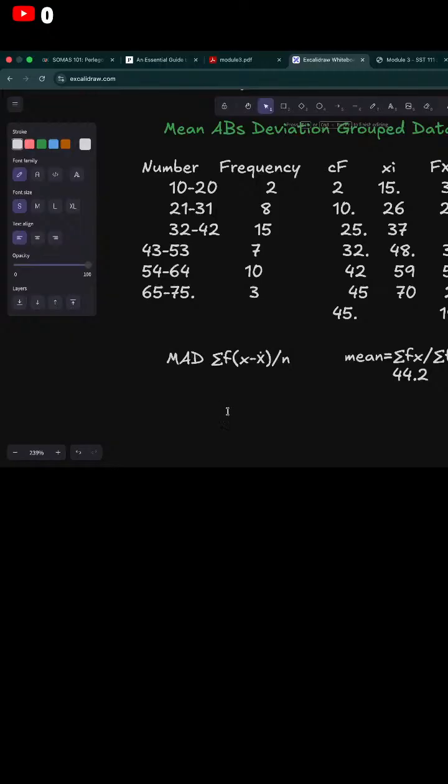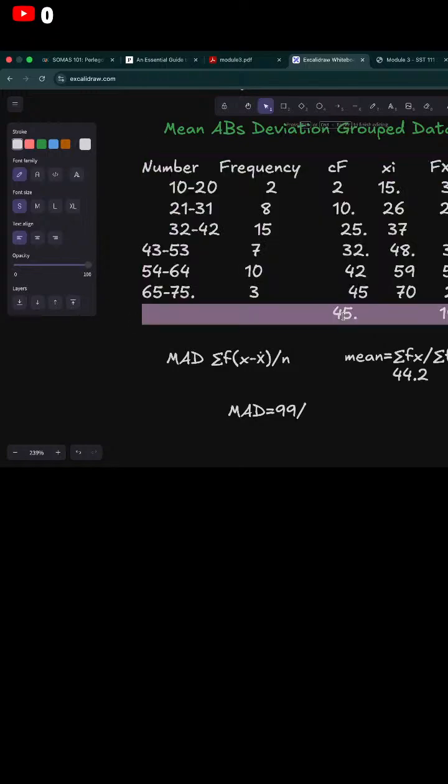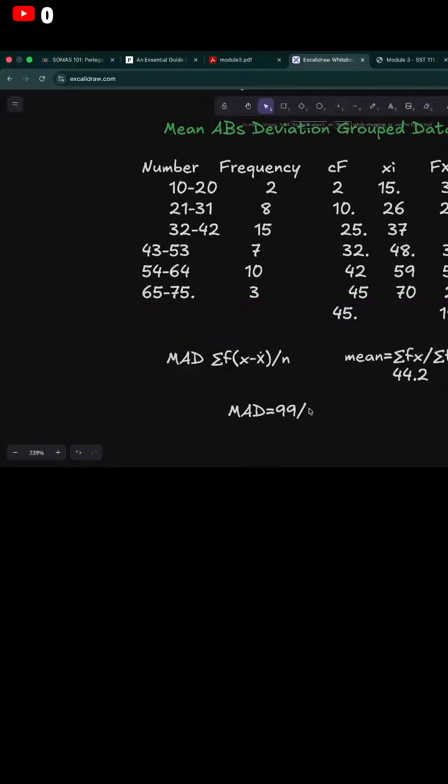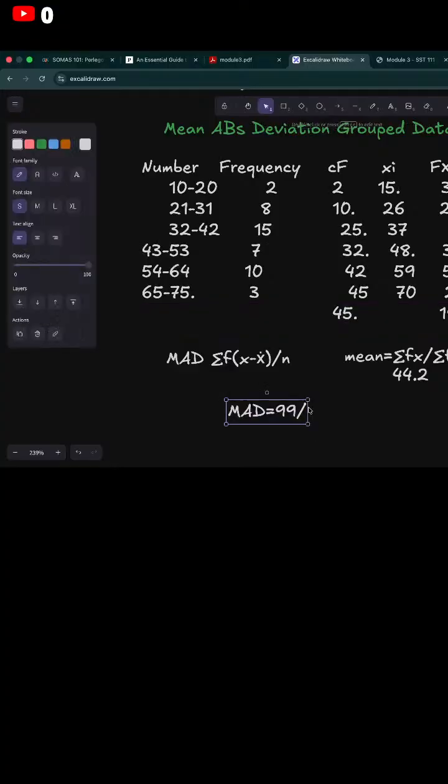So our mean absolute deviation is supposed to be 99 divided by the cumulative frequency, which is here 45. This should give us 2.2.